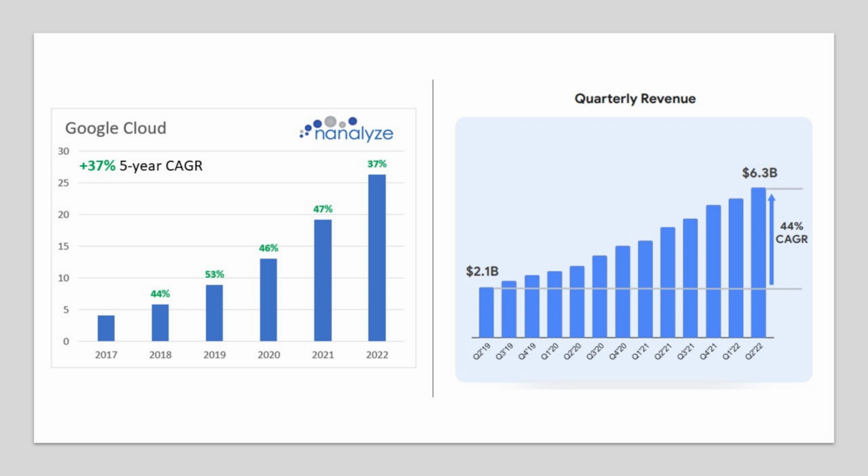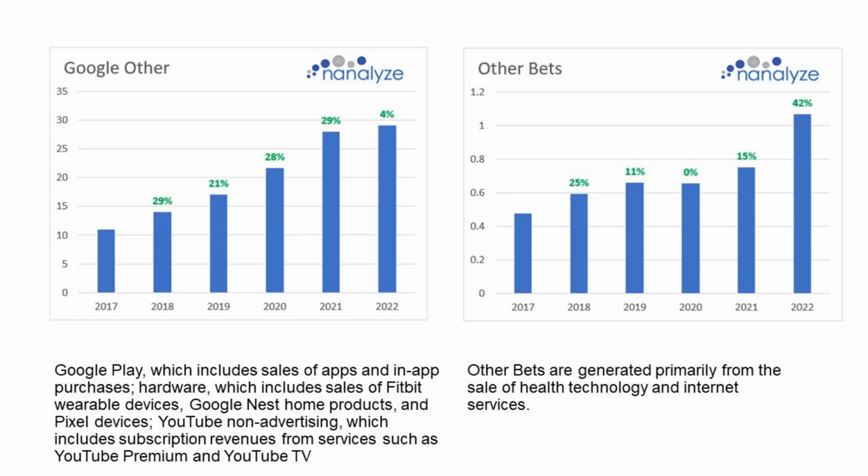Then when we look at the other segments, we see Google Other. This consists of things like Google Play, sales of apps, in-app purchases, hardware such as Fitbit wearable devices, Google Nest Home products and Pixel devices, YouTube non-advertising such as the subscription revenues from services such as YouTube Premium and YouTube TV. Here you can see that growth stalled in 2022 as well.